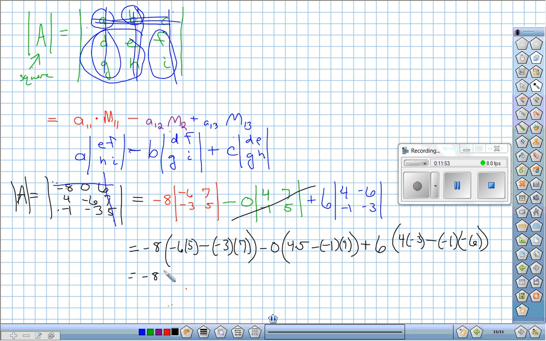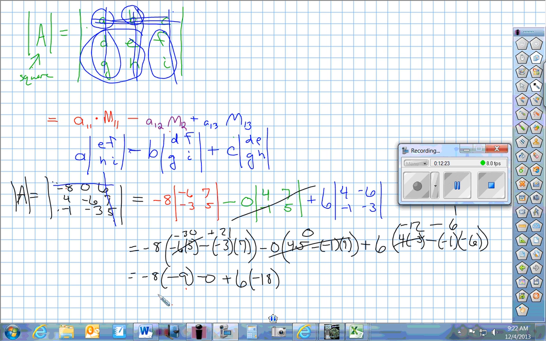So when I actually go through and do that, I would just use my order of operations. So I'll have -8 times, that will be -30 plus 21. This is all going to be 0 at this point. At this point, you can just kind of cross it out. -12, and that will be -6. So I'll have -8 times -9. Then I would have the -0 guy in there, and then +6 times -18.